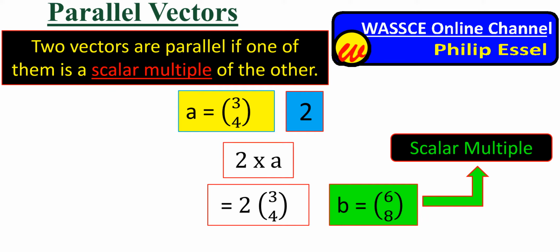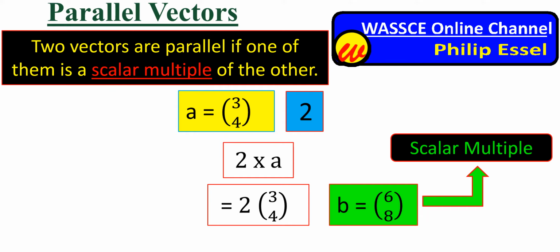Kindly pay attention to the next thing I'm going to say. Now, in this example we just looked at, the scalar was a positive number. In fact, it is positive 2. Always, when a scalar is a positive number, what it means is that the two vectors involved, the vector and its scalar multiple, are moving in the same direction.